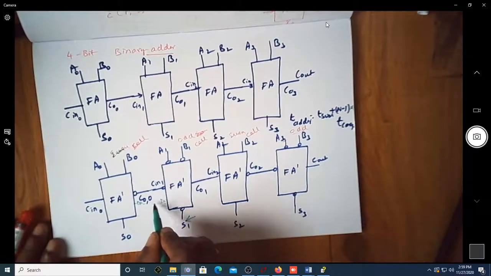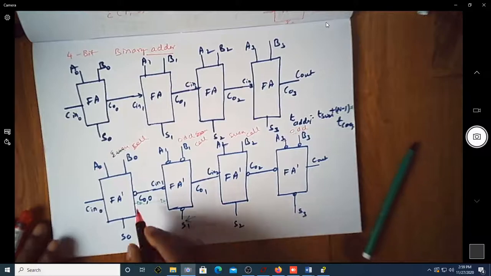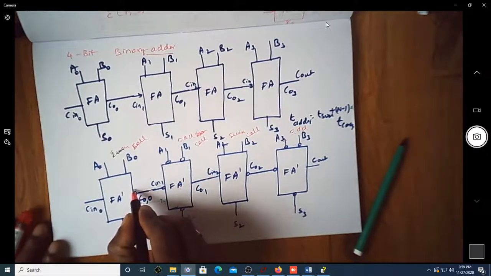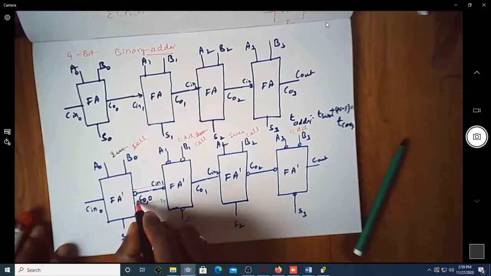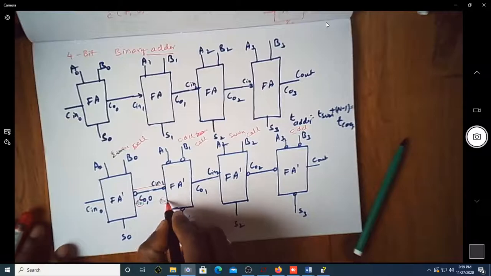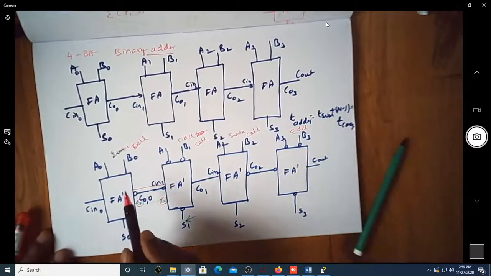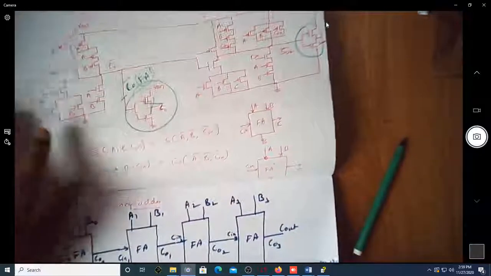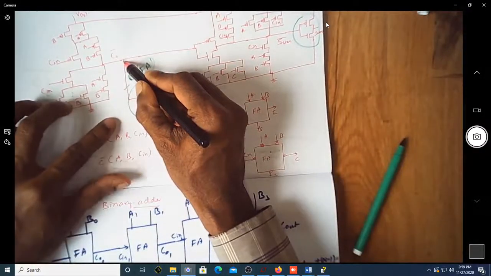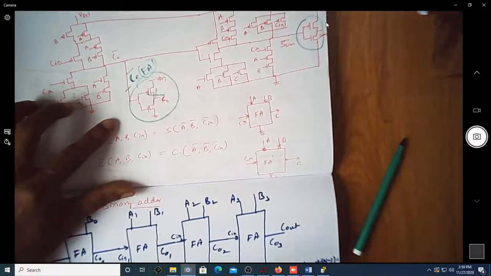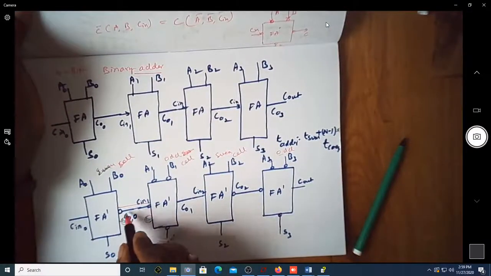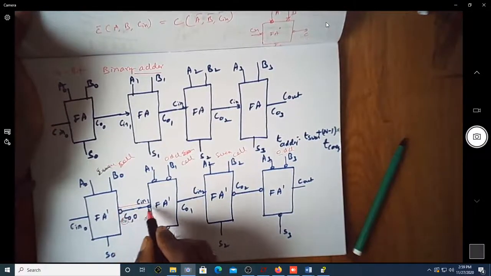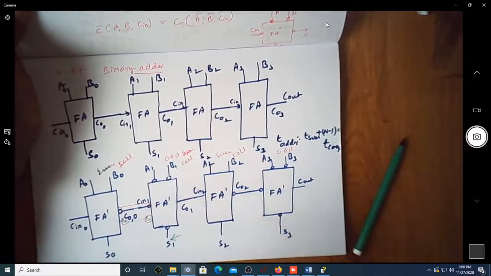Instead of putting two inverters, you can simply connect the output of this to this without any inverter. You are basically connecting this output directly to the input of the next stage. So these double complements can be eliminated, and you can simply connect a wire.